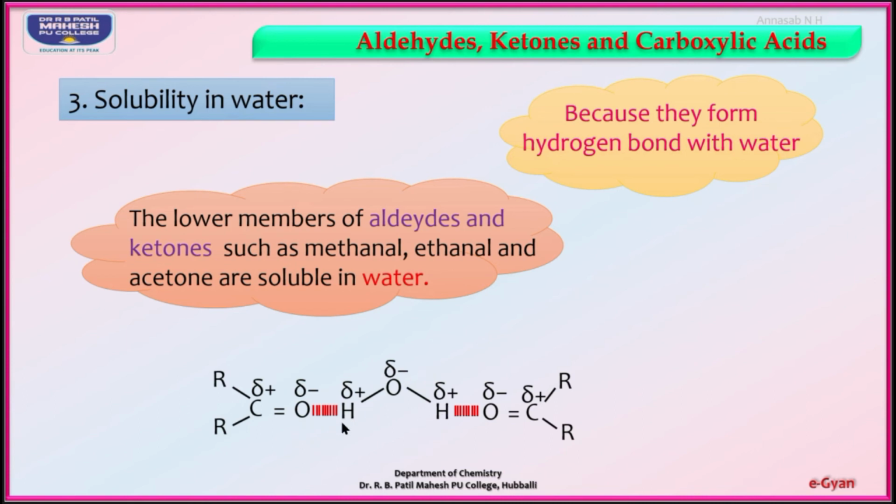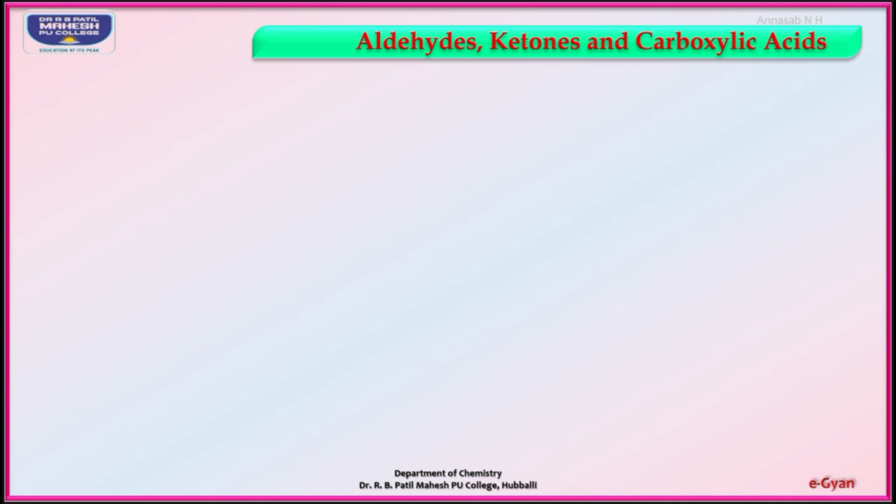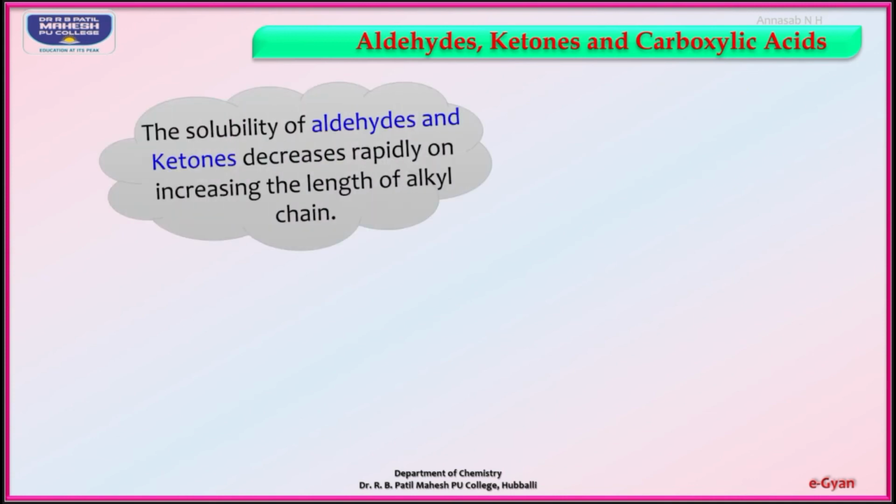As there is a formation of hydrogen bonding, aldehydes and ketones with lower molecular mass are soluble in water. And also you can observe the solubility of aldehydes and ketones decreases rapidly with increasing length of alkyl chain. As the molecular mass increases, there is increased steric hindrance which hinders the formation of hydrogen bonding with water molecule.